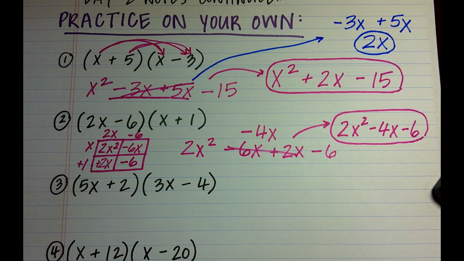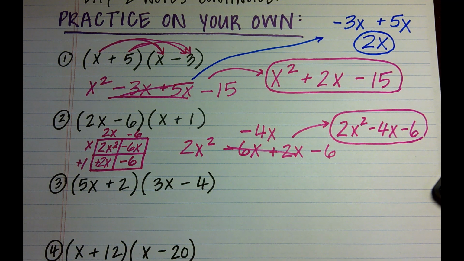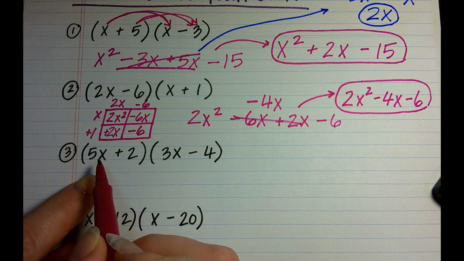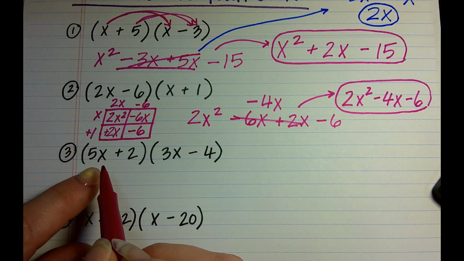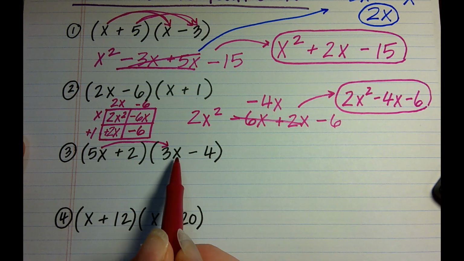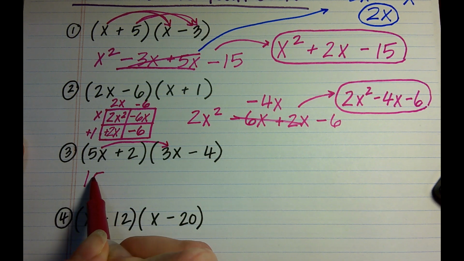Okay, let's go ahead and look at number 3 now. We will flip back to the FOIL method. What are we going to do first? We're going to distribute, starting with 5x and which term? 3x. What's 5x times 3x? 15x to the second power. Good.